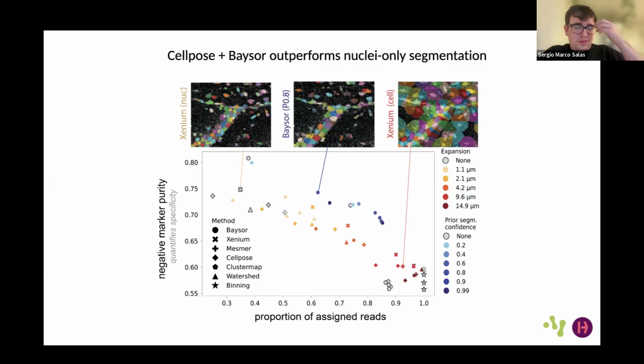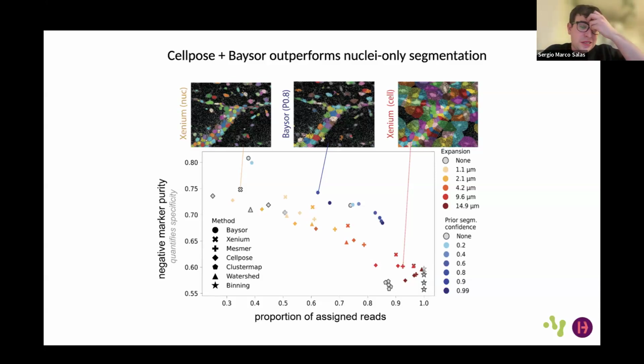So essentially, with this metric, we managed to quantify how well the segmentation works. And of course, the larger it is, the more specific it is, the better it works. These two metrics are tightly linked. The more transcripts we assign, the more likely we are to induce segmentation errors and therefore lose specificity, and that's what you can see with most of the algorithms here.